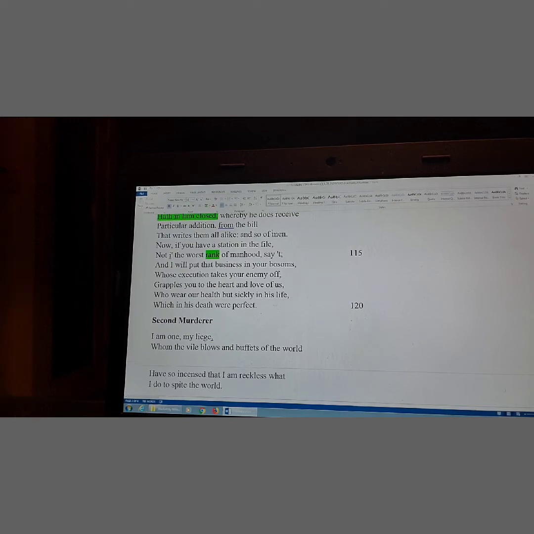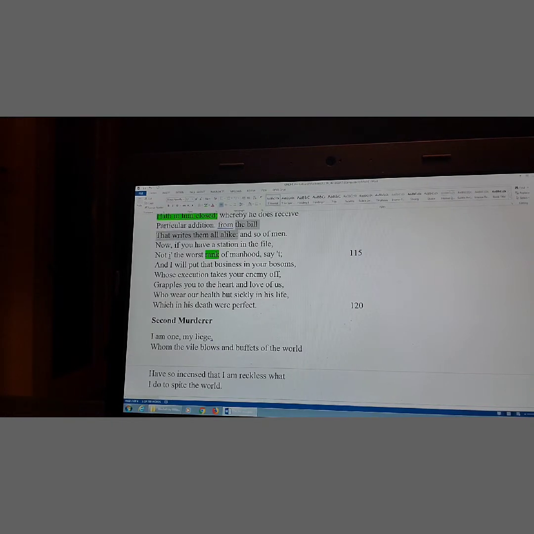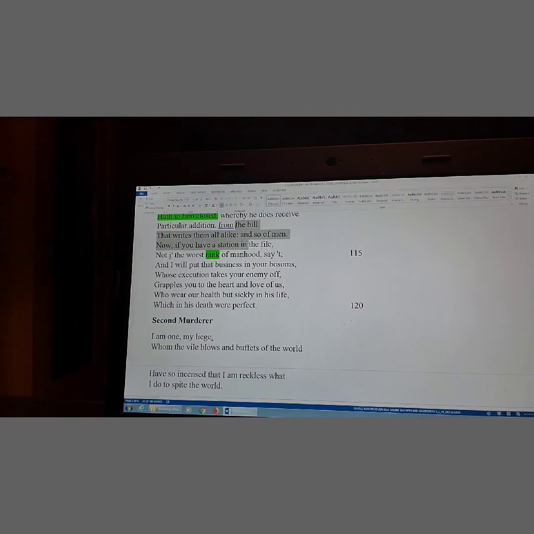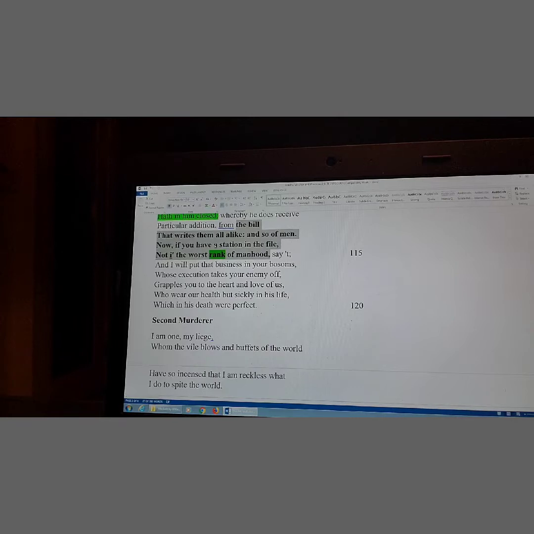So he's saying this of dogs, and then so of men. The bill writes them all alike.